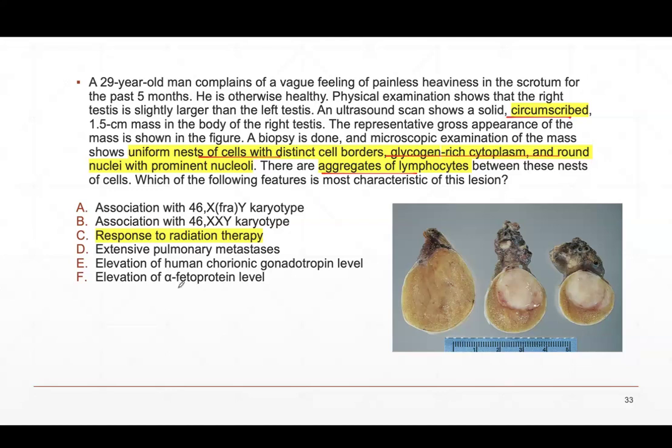How about alpha fetoprotein? Which of the testicular tumors has elevated alpha fetoprotein?